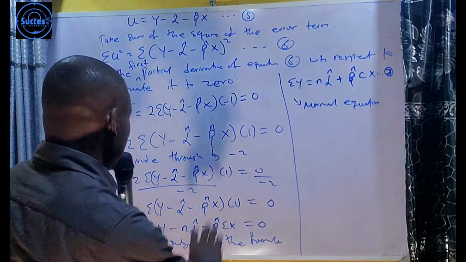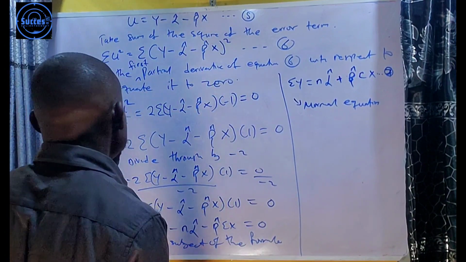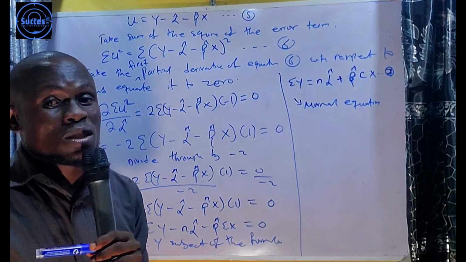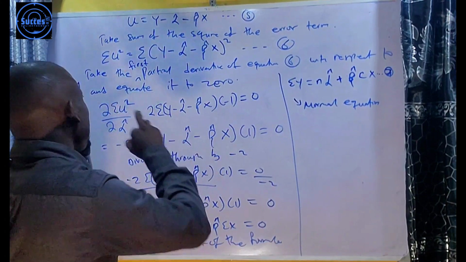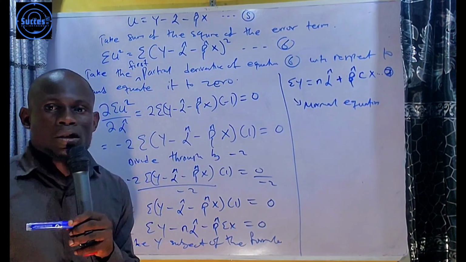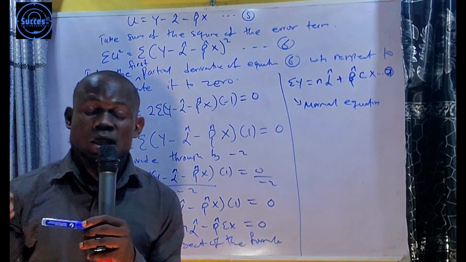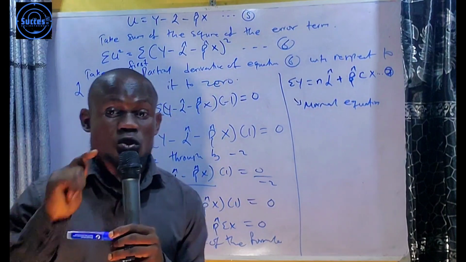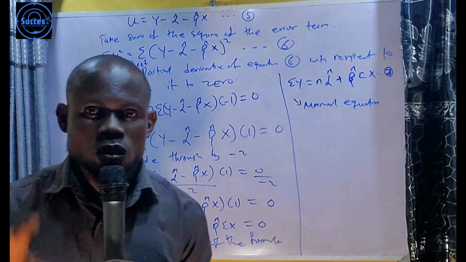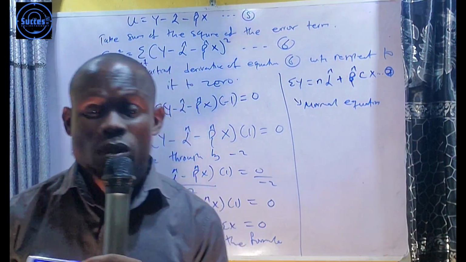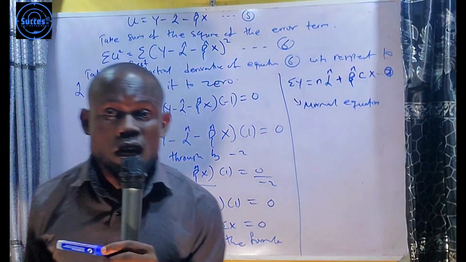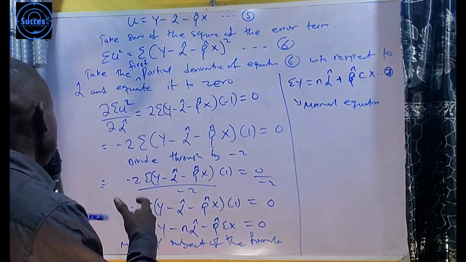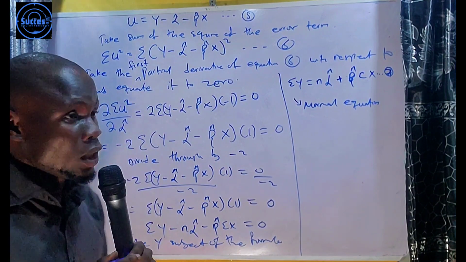Don't forget, the first normal equation we get by finding the first partial derivative of our sum of square error with respect to alpha cap. Now, the second one we are going to find by finding the first partial derivative of our sum of square error with respect to beta cap. Beta cap is the same thing as beta estimate. Alpha cap is the same thing as alpha estimate.